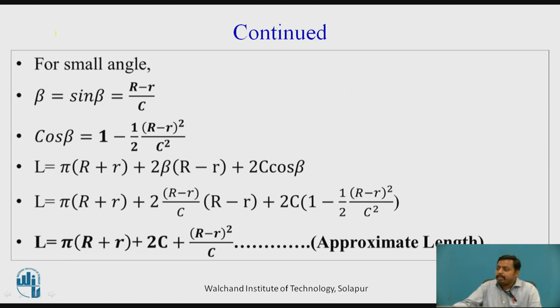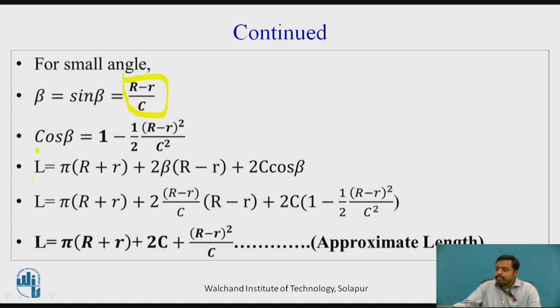Now if we approximate for a small value of beta, we get sin beta equal to (R minus r) upon c, and cos beta we get 1 minus half (R minus r) square upon c square.